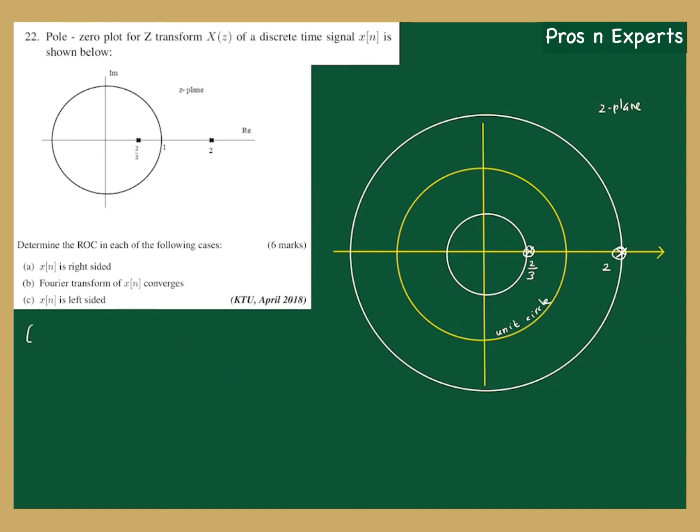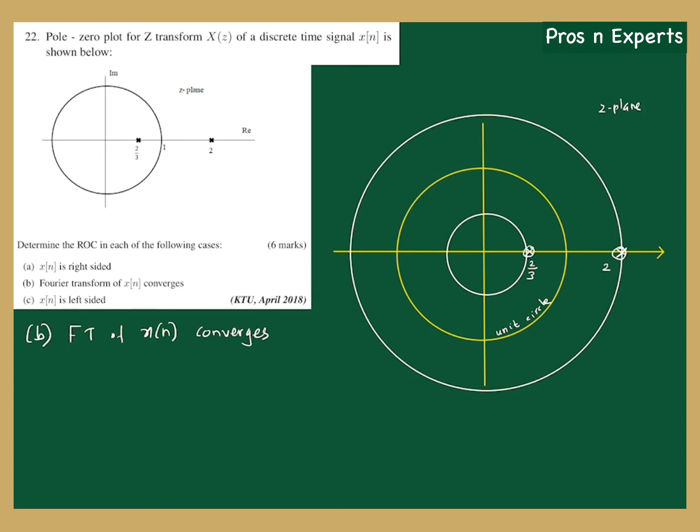Now for question B, they have asked to find the ROC if the Fourier transform of x of n converges. The discrete-time Fourier transform of x of n converges. And what does that mean? I invite your attention to the previous video, part 21 or part 22 of the video, which establishes the relation between DTFT and Z transform.